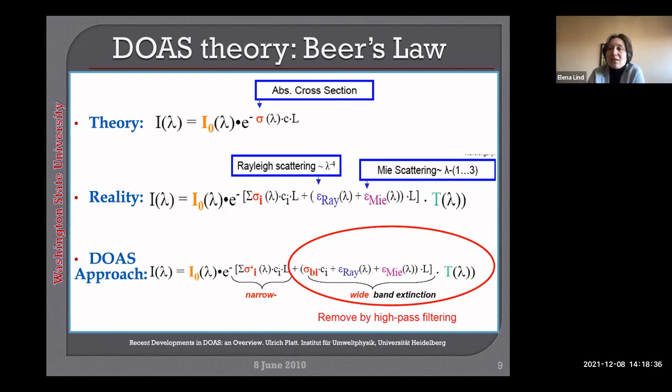As a result, this technique separates out the Rayleigh and Mie scattering and uses a polynomial to fit it, and then takes whatever is left, the differential structure, and does a nonlinear least squares fit of various structures scaled by a specific value.